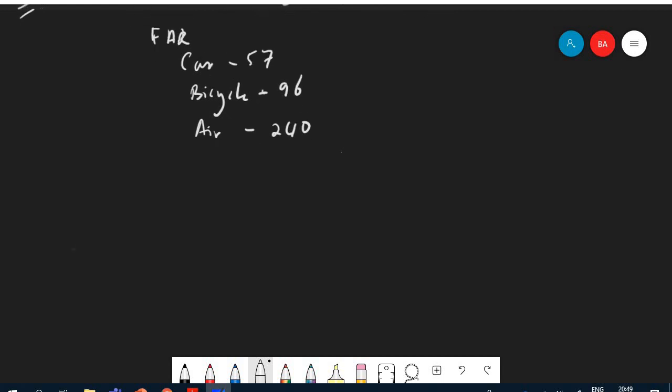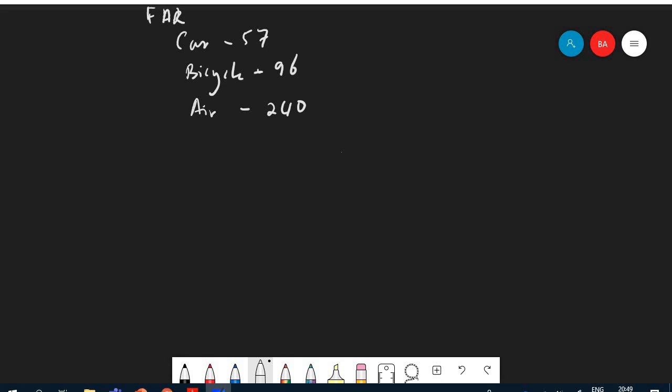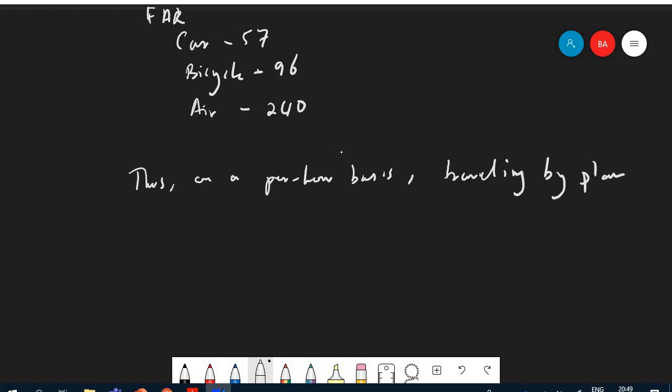Great. So if you take that on a per hour basis, traveling by plane is about 5 times more dangerous.